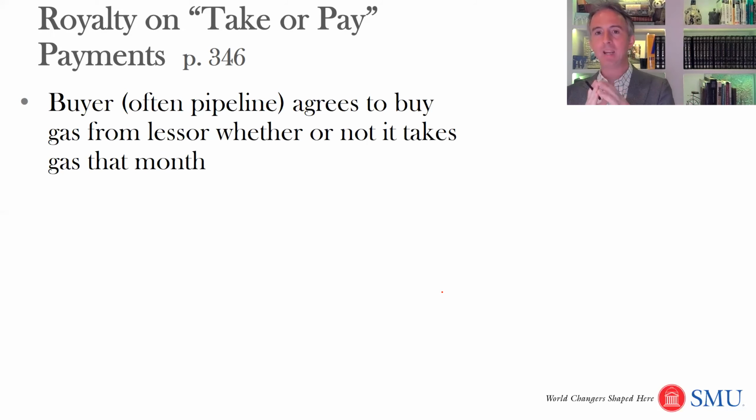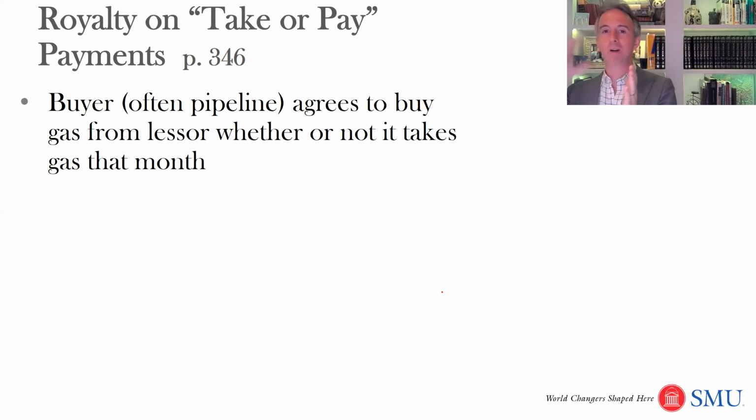So as an oil and gas company looking to sell the gas from a well, your big challenge is finding somebody who will promise to take that gas every time it's produced. So a pipeline as an incentive can say, you know what, I'll buy from you no matter what.